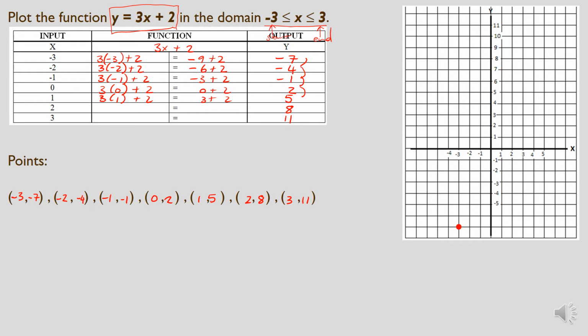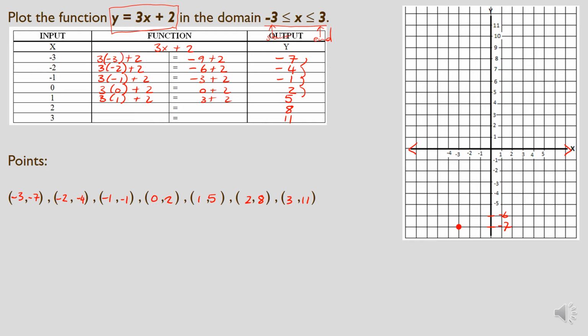Okay, that's the first one, -3, -7, so -7 wasn't included here, so you can extend it if you need to. Remember that the x value always comes first, and that's left or right, so we go back 3, down 7.